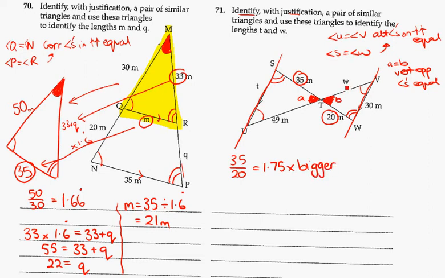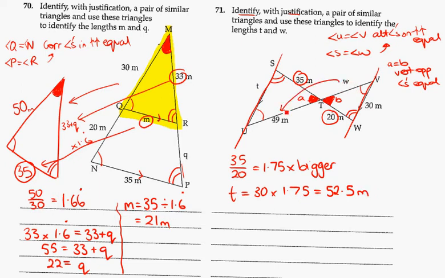Right, so to get T is between the double and the single, as is the 30. So I've gone 30 times 1.75, should be about 50. 52.5 metres.